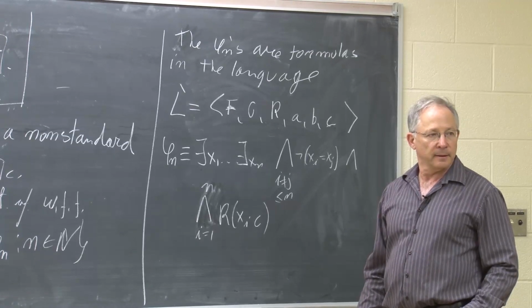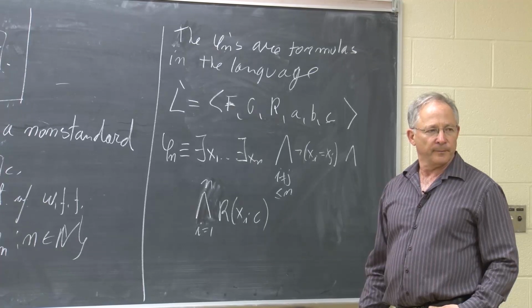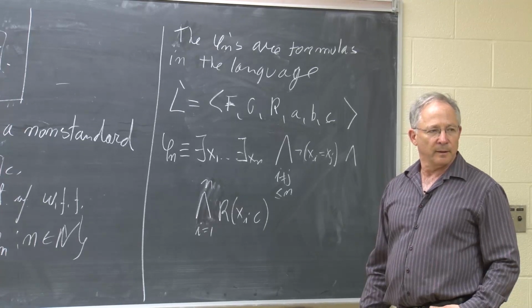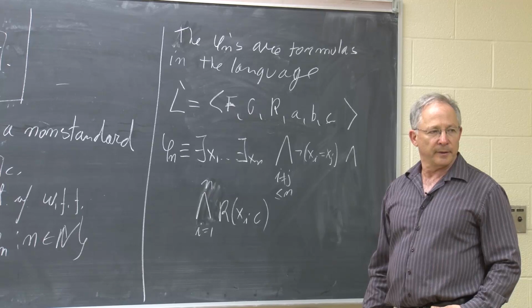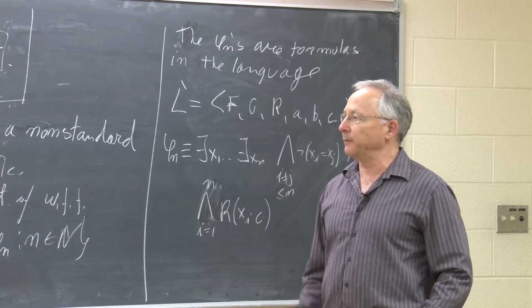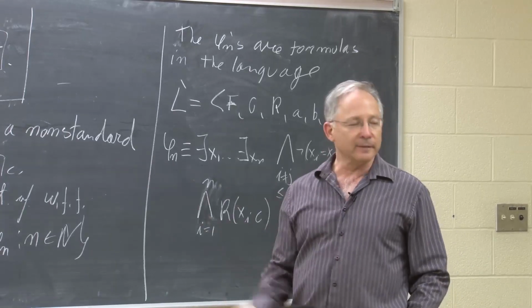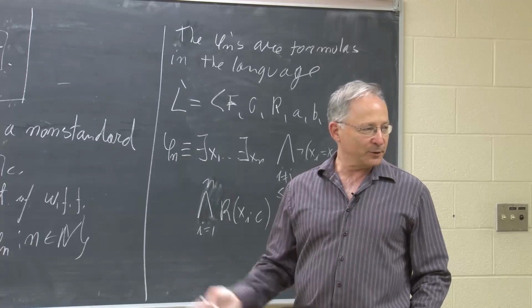Yes? Maybe I missed something, but do we have to show that N sigma prime satisfies the usual theory of N? Yeah, I mean, I have to claim it. But why does it satisfy the usual theory of N? Because this is the structure N. Nothing changed.